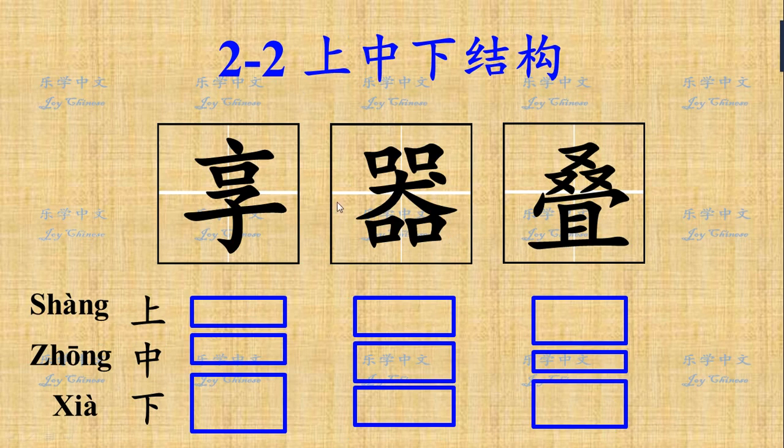Sometimes the top part is smaller and the bottom one is bigger. And sometimes the one in the middle is smaller and top and bottom are a little bit bigger. It depends on the structure of the character.